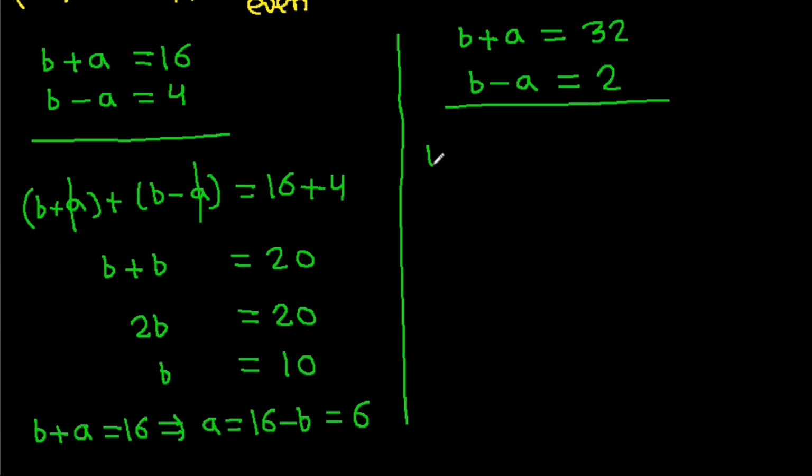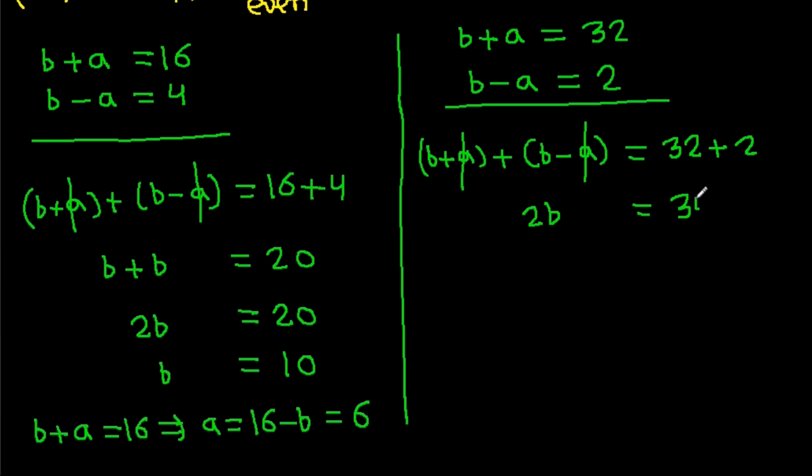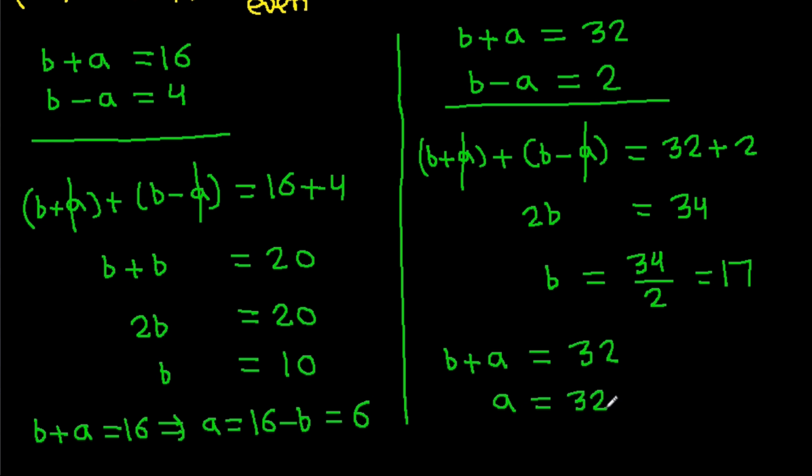And in the second case, if we add, it will be 32 plus 2, and a will get cancelled, so 2b is 34, and b will be 17. And we have b plus a is 32, so a will be 32 minus 17, so we get a is 15.